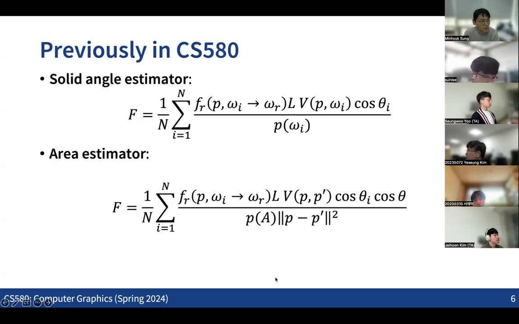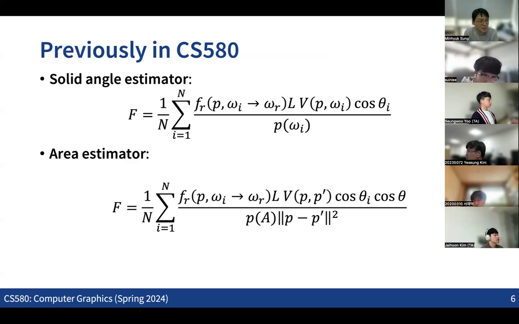So those are two different ways that we can define an estimator for the reflection equation, by sampling the solid angles and sampling the points over the area. Depending on which estimator we choose, we can get different convergence rates, and these are examples of doing importance sampling.